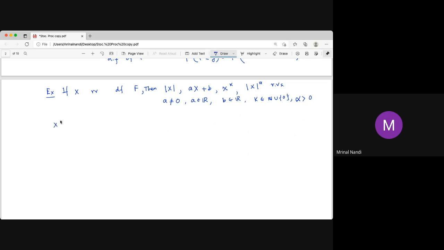It's called x plus. X plus is x when x is greater than or equal to 0, and 0 when x is less than 0. Similarly, we define x minus, which is x when x is less than or equal to 0, and 0 if x is greater than 0.